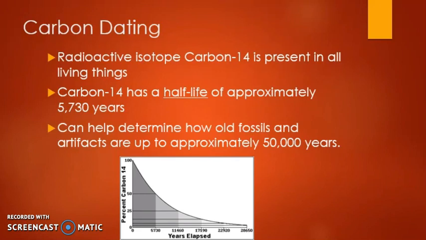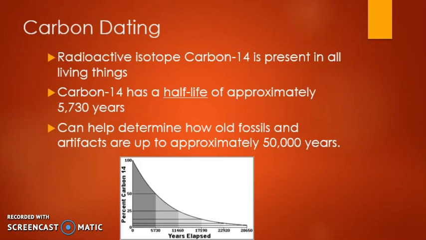Exactly 50% of that carbon-14 will no longer be in the bones after approximately 5,730 years. So a paleontologist would know that something is 5,730 years old because they will have exactly 50% of this carbon-14 left in the bones that they're studying.